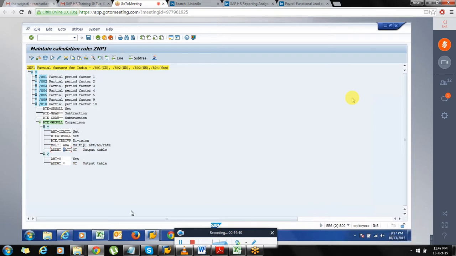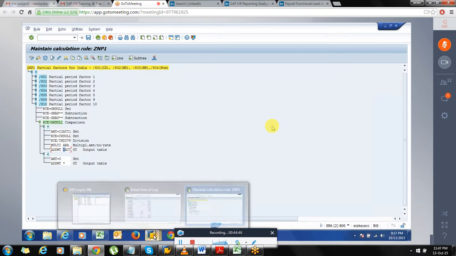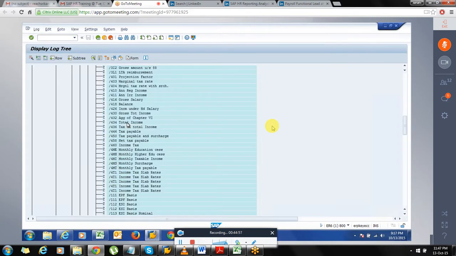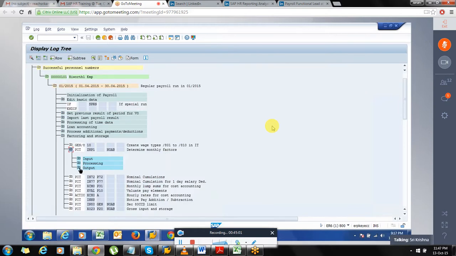If you check in the log, the same thing is happening here. In the first PCR, what we have written in the factoring part, sorry, /810 I have written.